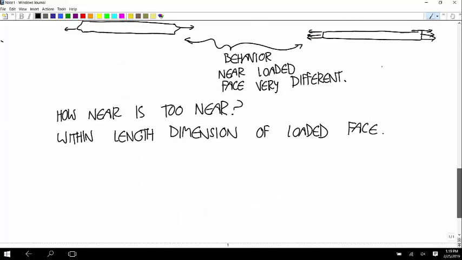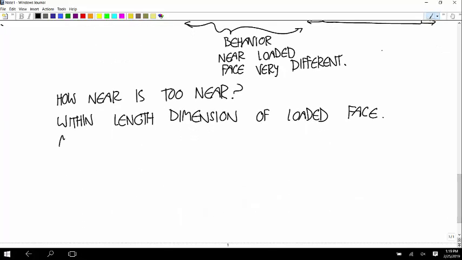That means that if you have an object like this and you're applying forces to it like this, we can't get good values anywhere. There's really nothing we can say about this.